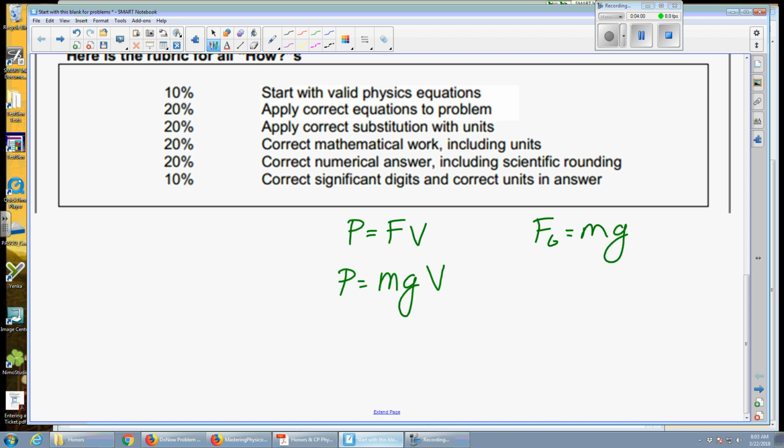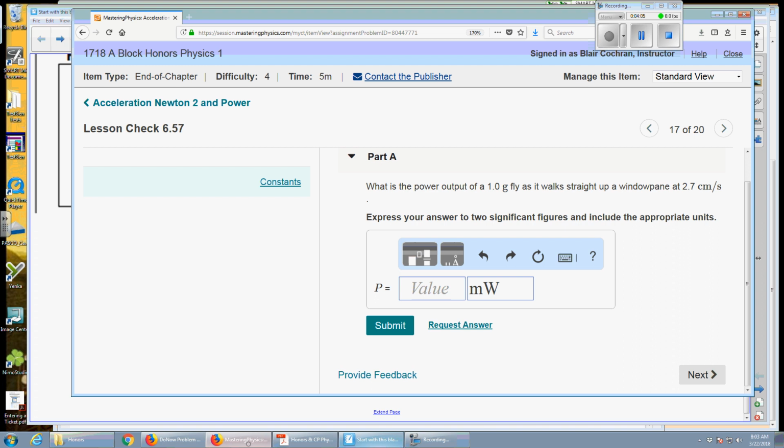Now it's simply substituting, making sure I use the correct units, because they want it in milliwatts. I'm probably going to find my answer in watts and then convert it to milliwatts, which is an easy conversion. Or I can click into that box, get rid of the little m, and input my answer in watts. The site is flexible enough to do that. That's personally what I would do, then I have one less conversion.